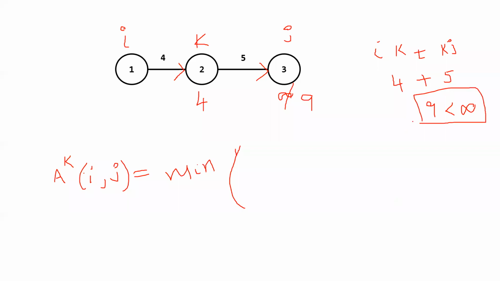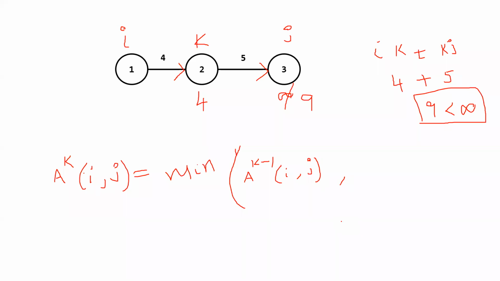What are those two values? The first one is the current distance of node j. So for that, you'll write A of k minus 1, which is the current distance between node i and node j. This is one value, which is your infinity value.